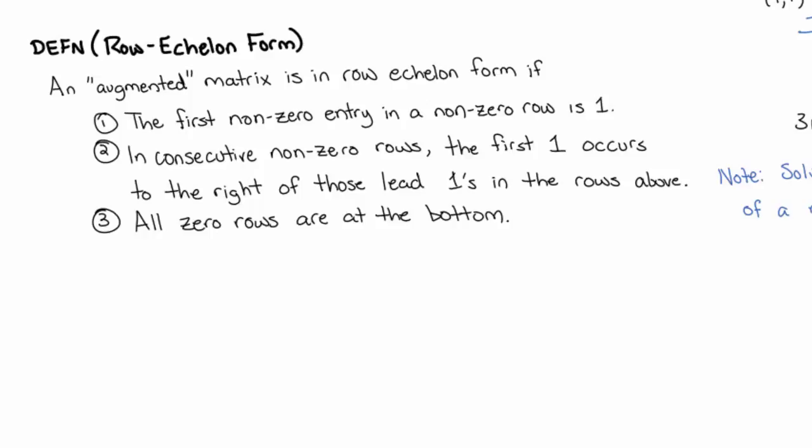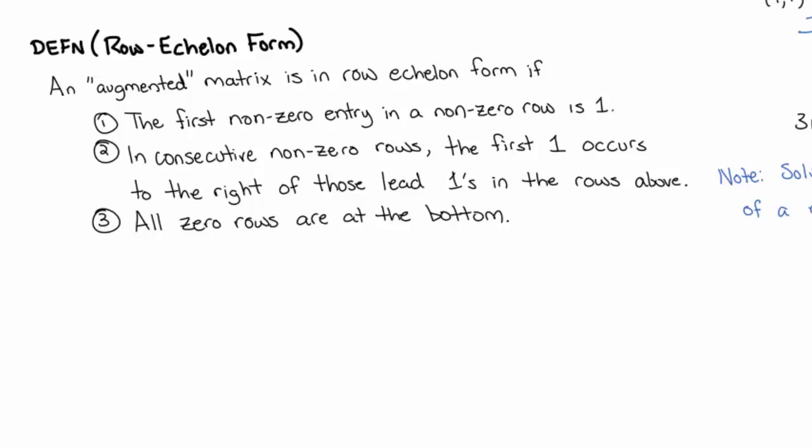And the way we're going to get into this form is via a method called Gaussian elimination. And then we're going to create a more elegant form, which we would get to using Gauss-Jordan elimination. So row echelon form is a form we're going to get to using Gaussian elimination. And then we'll have another form, reduced row echelon form, that we will arrive at using Gauss-Jordan.